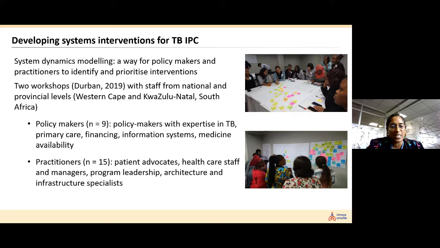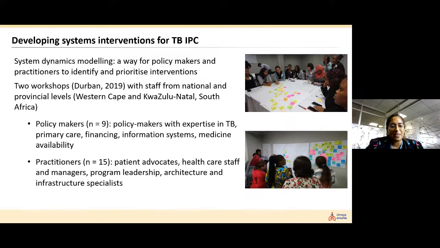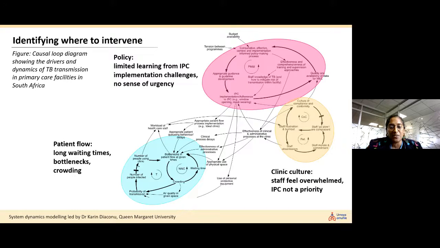This was of TB prevention and control. Based on their input, we came up with a causal loop diagram showing the drivers and dynamic interconnected feedback driving transmission of MTB at facility level.